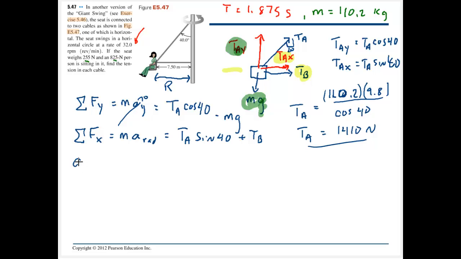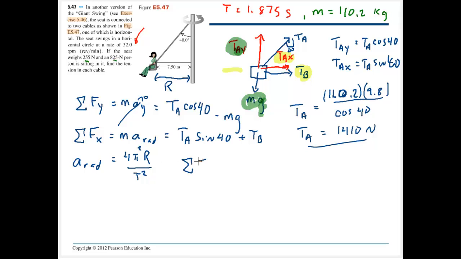Now I know what my radial acceleration is. My radial acceleration is going to be 4 pi squared capital R divided by the period squared. I didn't get the chance to introduce that in the lecture, but you did read that problem, so you're totally familiar with it, of course.